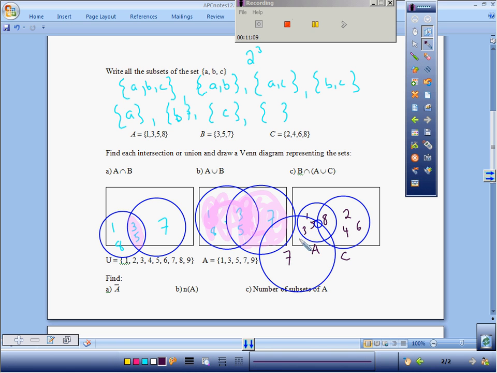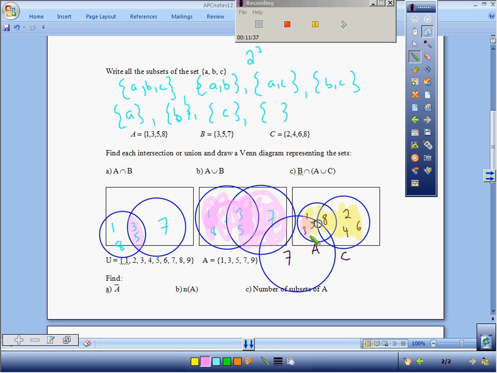So the union of A and C, let's use a different color for this too, is here, right? And the intersection of that with B would be right in here.